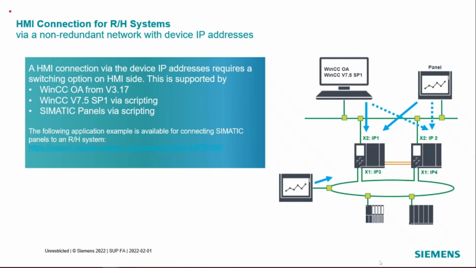Then, apart from the system IP, another option is using the device IP. In the case of WinCC 7.5 SP1 or SP2, the recommended communication is device IP, not the system IP, because in most cases it is observed that during the sync-up of the CPU, when there is a failure in the primary CPU and the backup becomes primary, and after some time the primary CPU comes back and a synchronization happens between both CPUs, at that time there is a communication loss between WinCC and the 1500 R/H system.